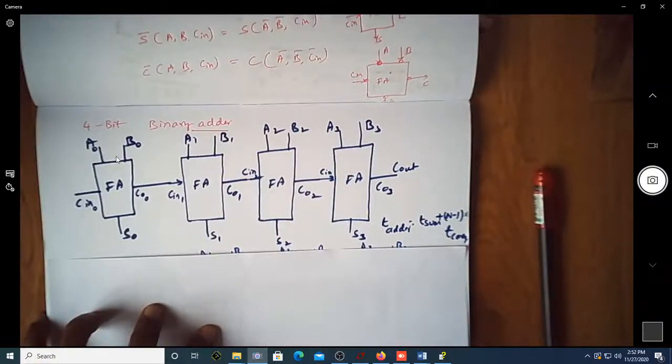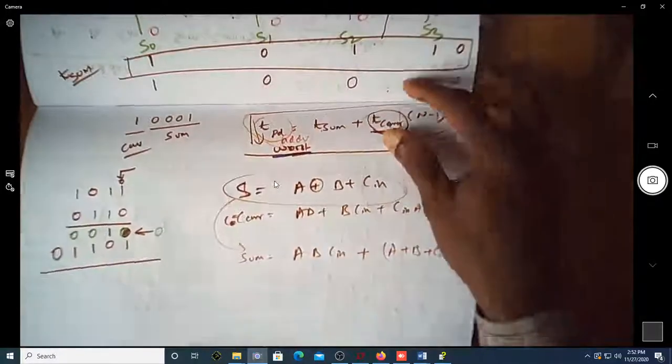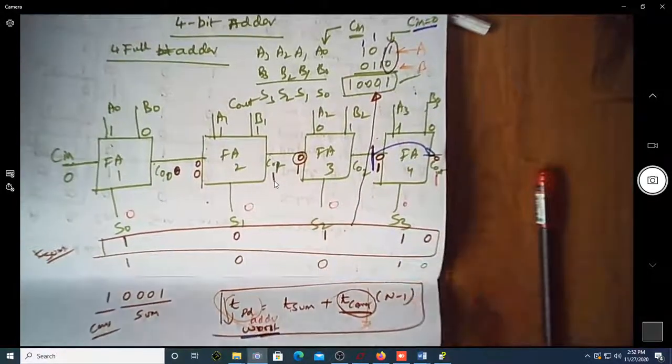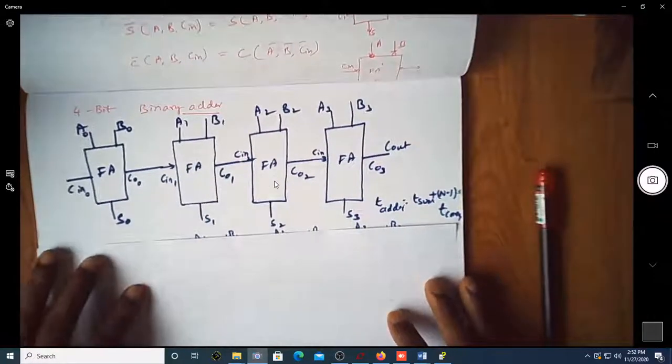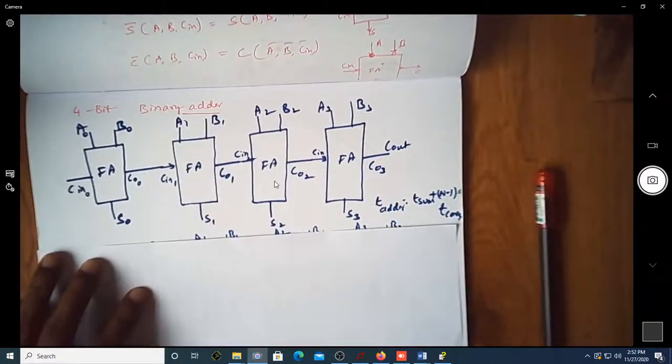These are the 2 inputs for the full adder, and the third input is coming from the carry of the previous stage, and of course this is the Cout. This is how we learned in the previous videos also. This is how we wrote it here, so I'm just rewriting the same thing.